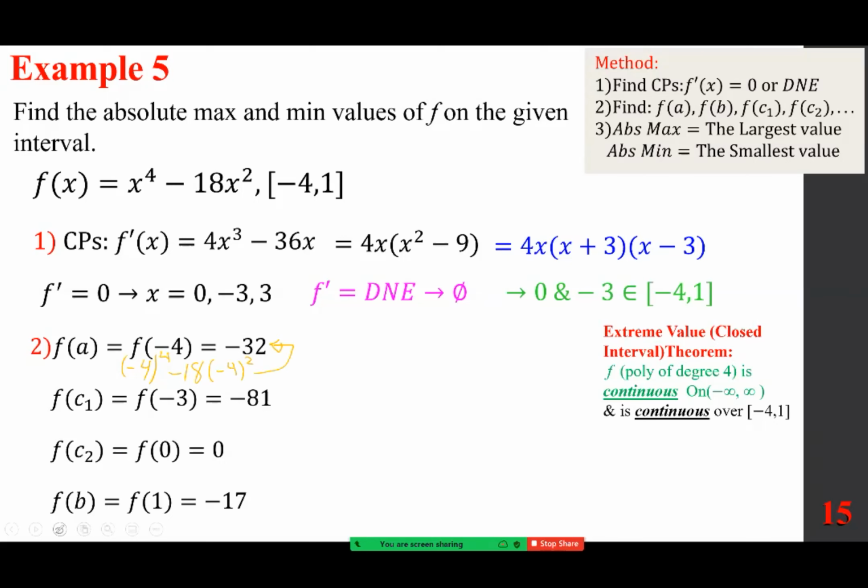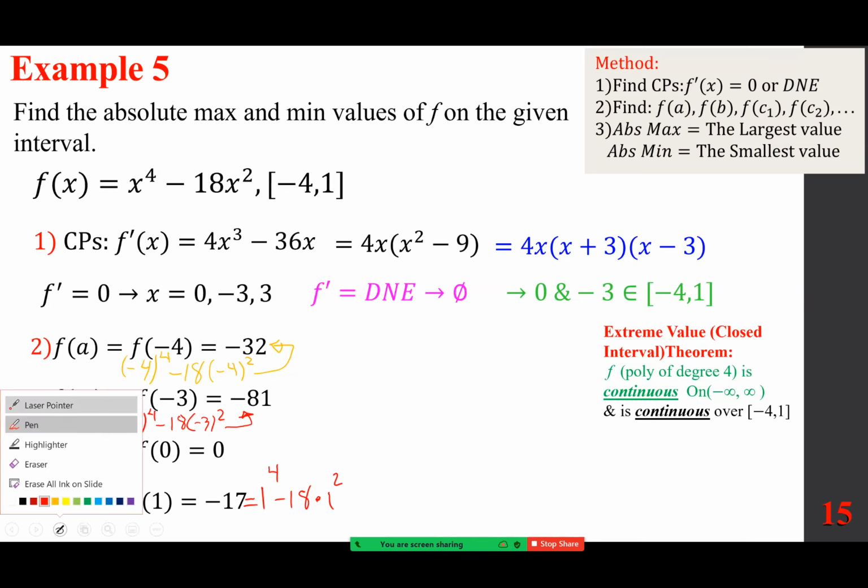For -3, we have -3 to the power of 4 minus 18 times -3 squared. 0 clearly makes it 0, and 1, of course, 1 to the power of 4 minus 18 times 1 squared clearly makes it 1 minus 18 or -17.